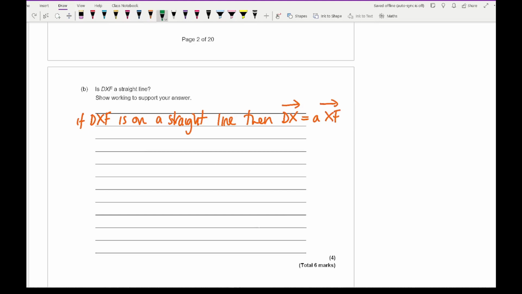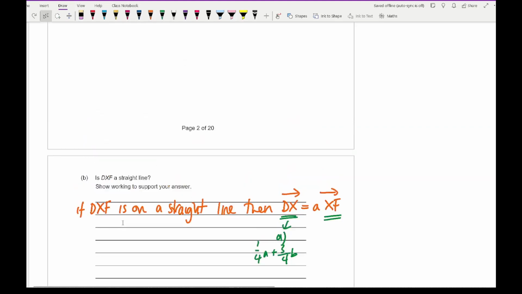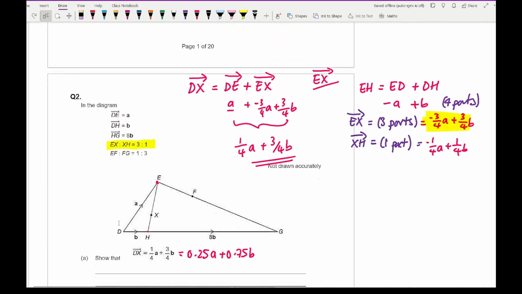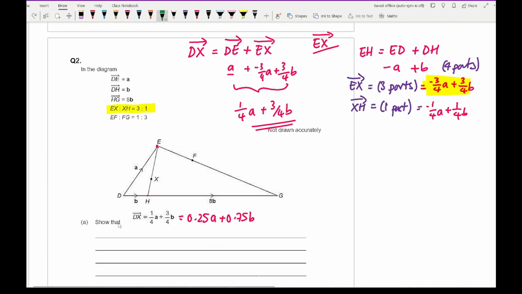Now this here is taken from part A, and so that is a quarter of A plus 3/4 of B. So what I need to work out is XF. Now to find XF I need to return back to my diagram, which is just here. I'm just going to label some of the parts.